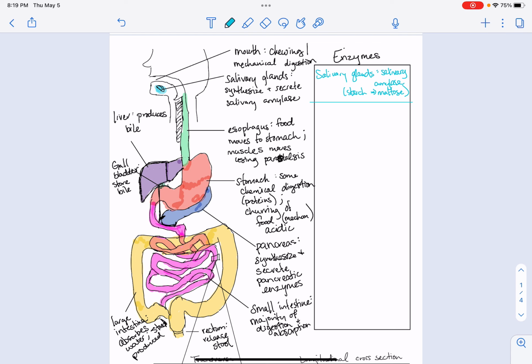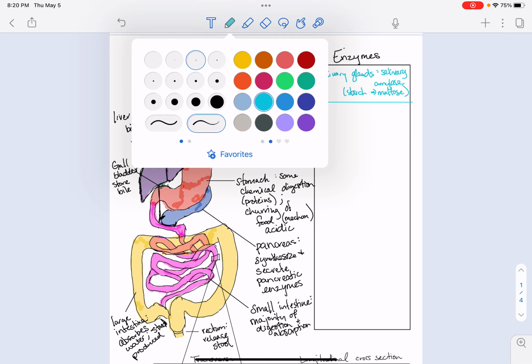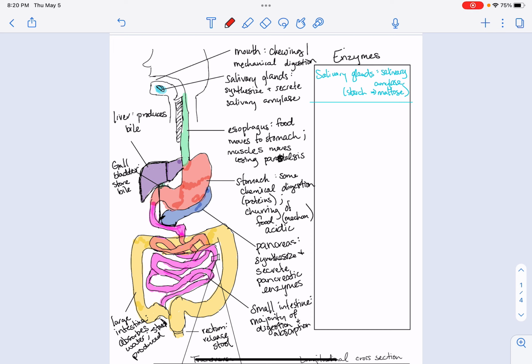You need to know the enzymes, and you need to know what it breaks the larger molecule into, the smaller molecule. So salivary glands, and then other enzymes you have to know about are in the next one.